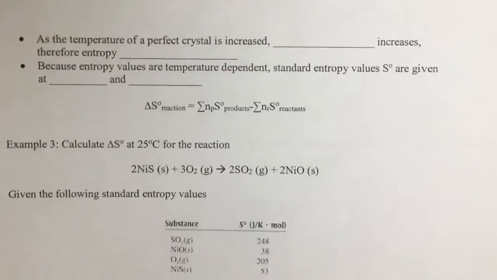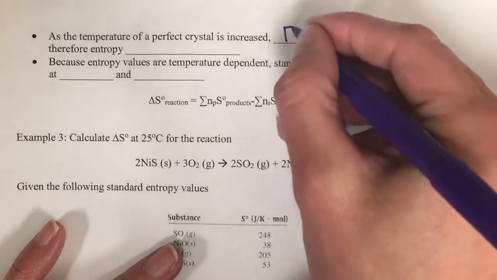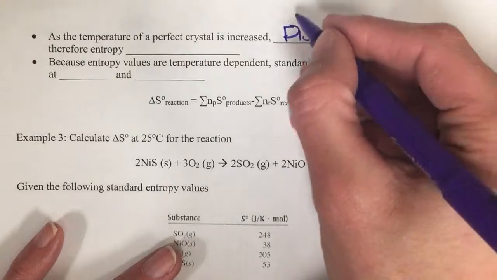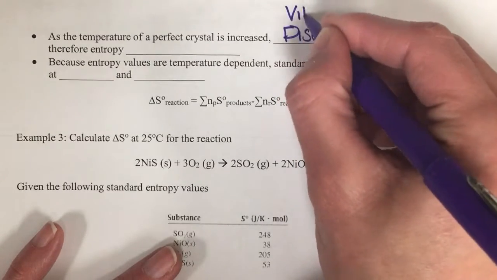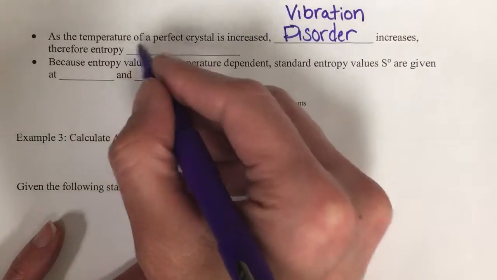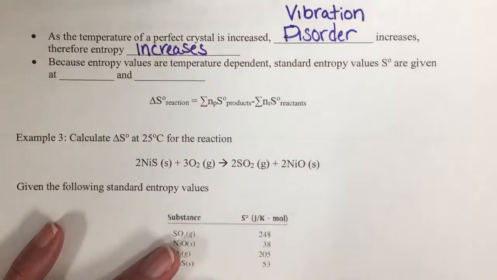So as the temperature is increased, our disorder increases. You can say disorder or you can say the vibration. Both are true. And that means our entropy is going to increase as well.